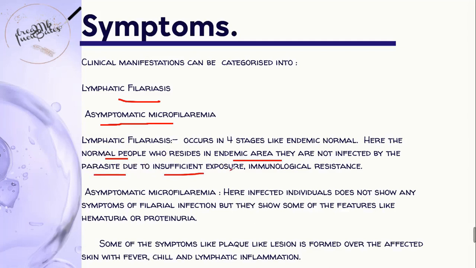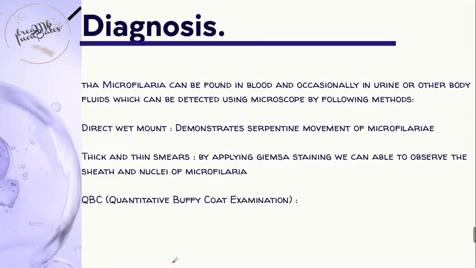Also, the reason for not showing symptoms can be that people are immunologically resistant to the parasite, whereas asymptomatic microfilariae show symptoms like lesions formed over the infected area around the skin, followed by fevers, chills, and inflammation.